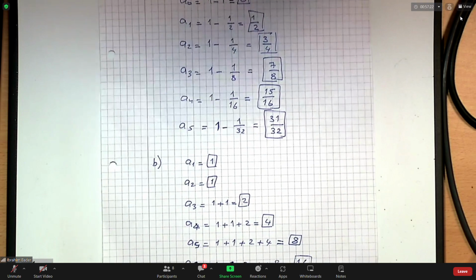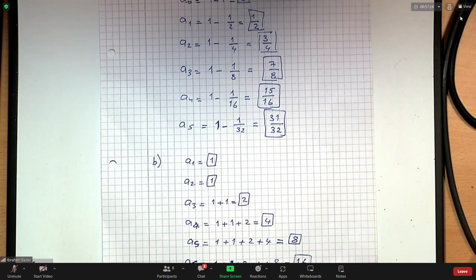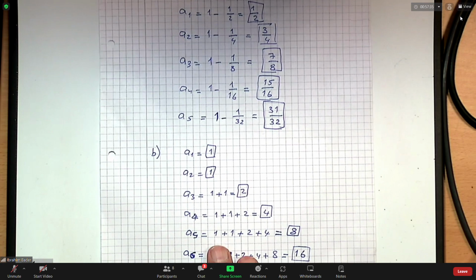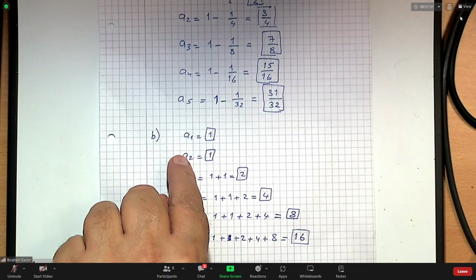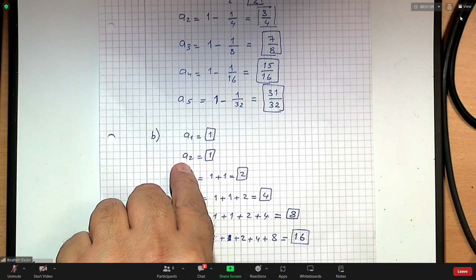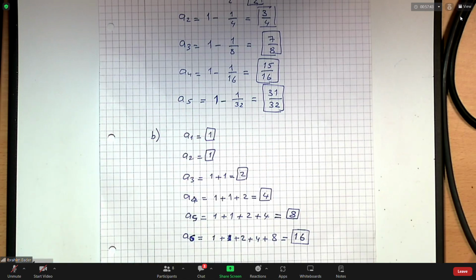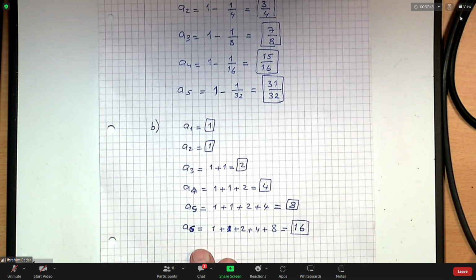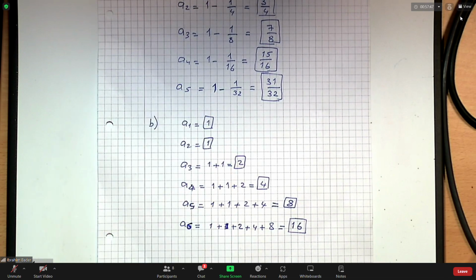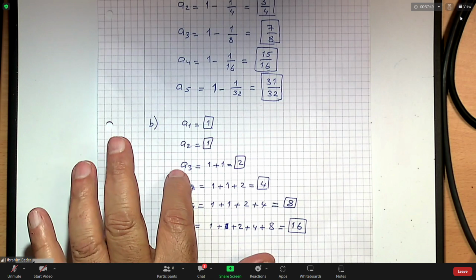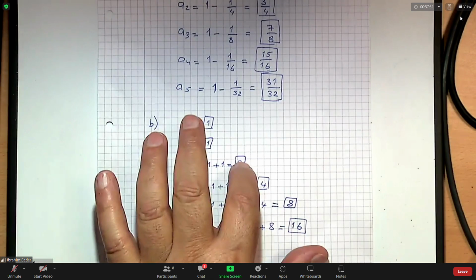Now the second one says the first element is 1, and then for the next elements you sum all the previous elements. So the first element is 1, the second element is the sum of all previous elements, so it's 1 plus nothing, it's 1. Then starting there, you just add all previous elements. So for A3, you add 1 and 1, you get 2.